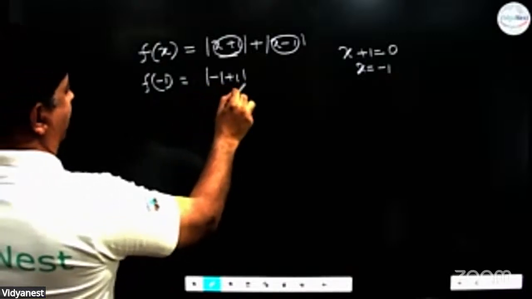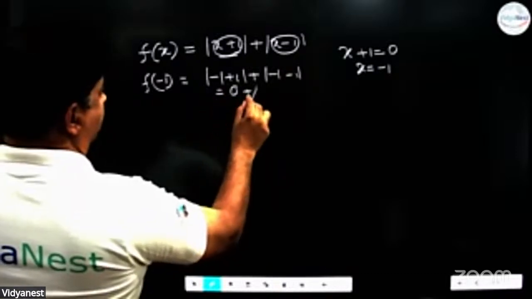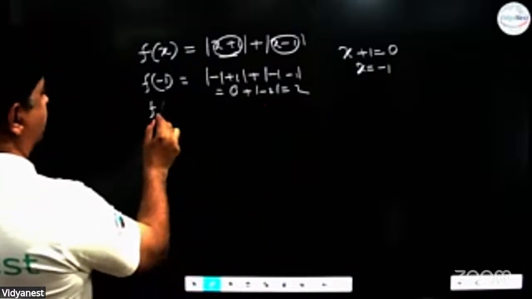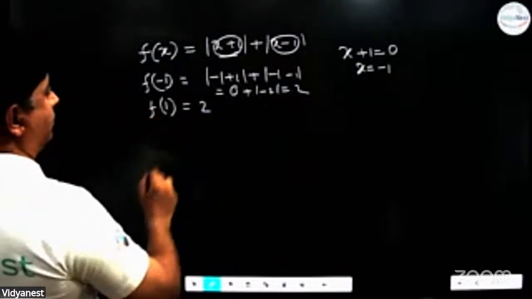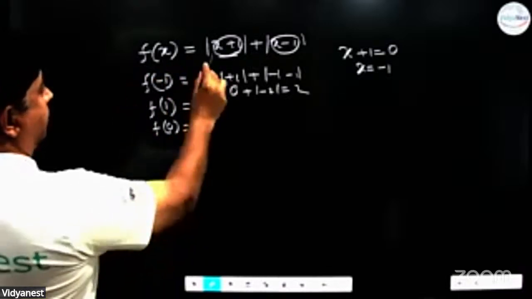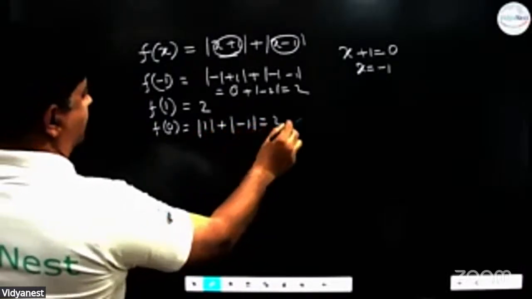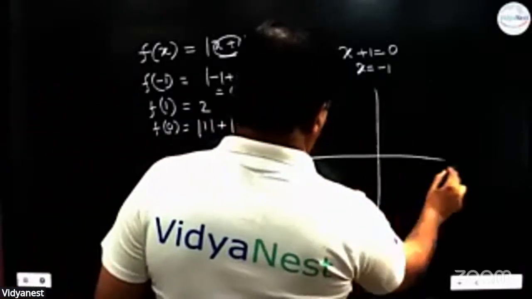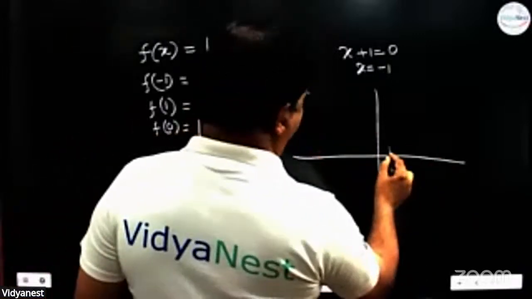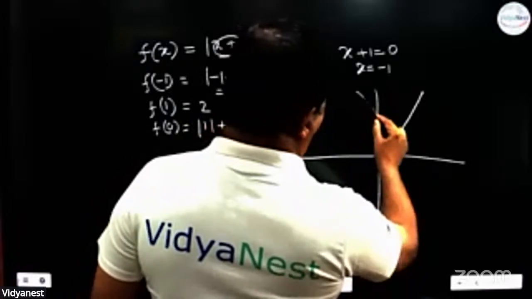Minus 1 plus 1, minus 1 minus 1. 0, mod of minus 2, 2. You know symmetry. So F(1) also 2. Now F(0), put here: mod 1, mod minus 1, also 2. Now at 1 you plot 2.